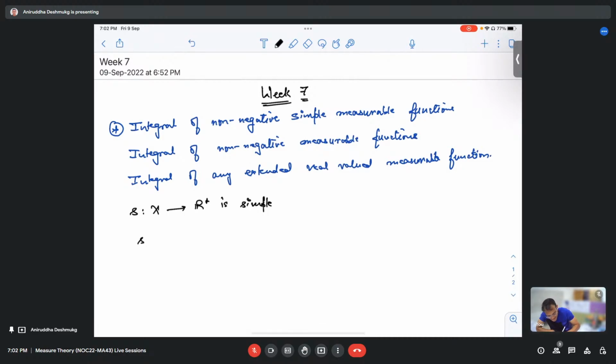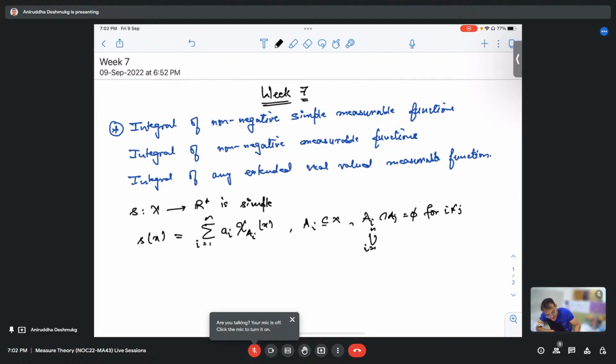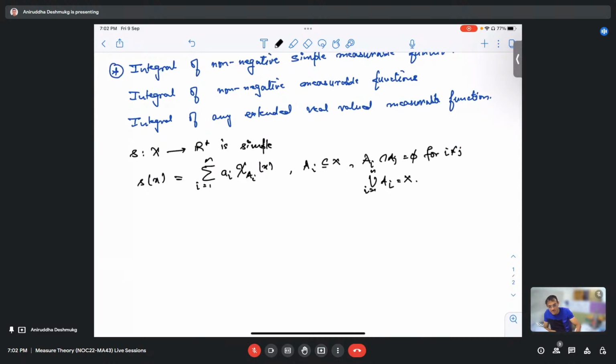Then by definition, s at any point x is given as the sum of a_i chi_{A_i}(x), where the A_i's are subsets of X, they are mutually disjoint, and their union becomes the whole of X. So this is the definition of simple functions for us. And moreover, if it is measurable, then there is the additional assumption that these A_i's all come from the sigma algebra S, which makes X a measurable space.